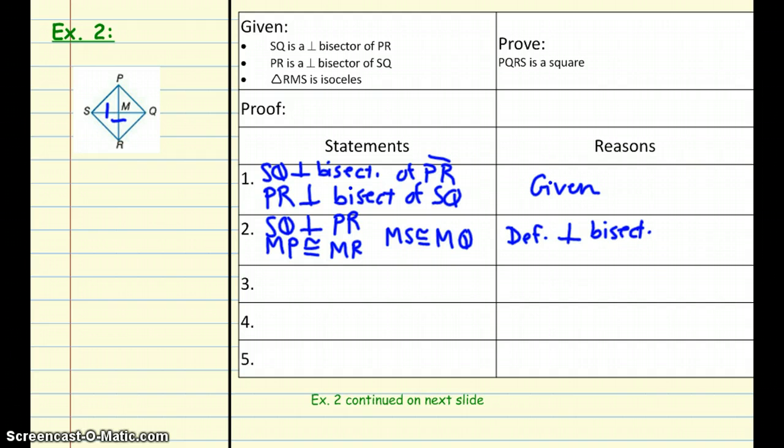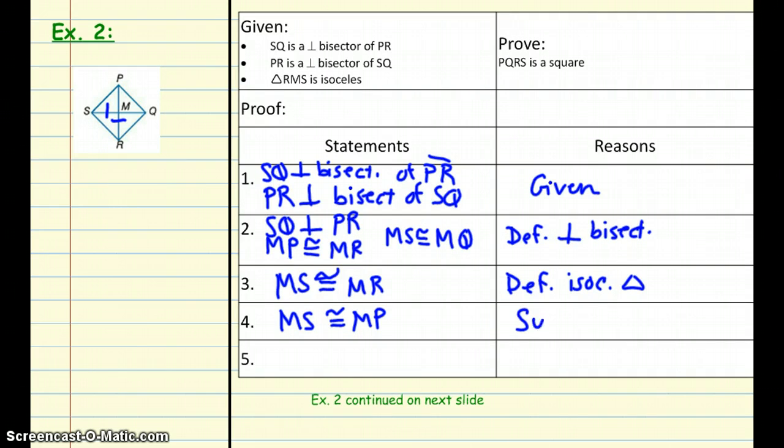Then in step 3, I can say that MS is congruent to MR, and that has to do with the definition of an isosceles triangle. Then MS is congruent to MP, and that's just substitution. So then in step 5, we can say MS, MP, MQ, and MR are all equal, and that has to do with the definition of congruence.